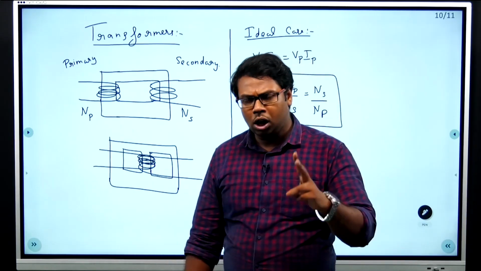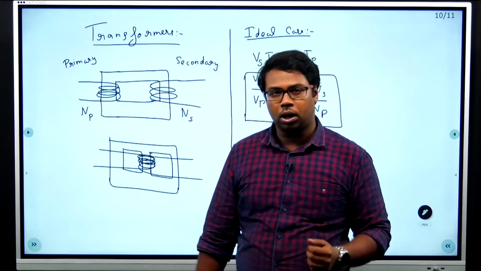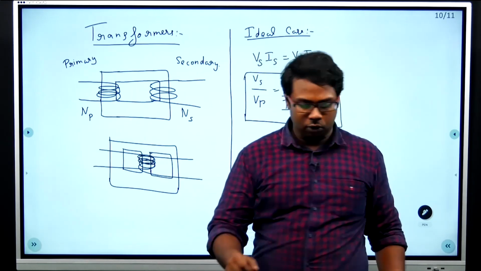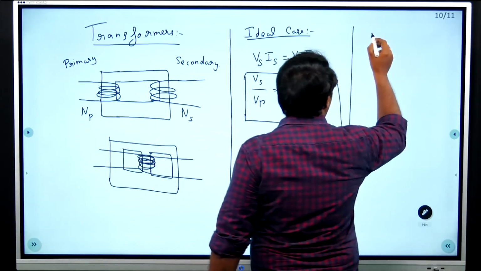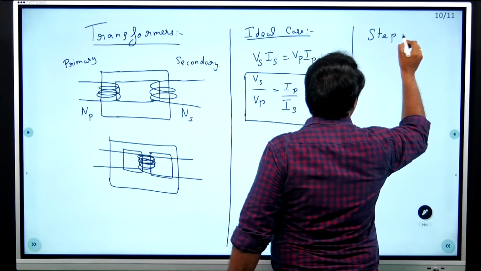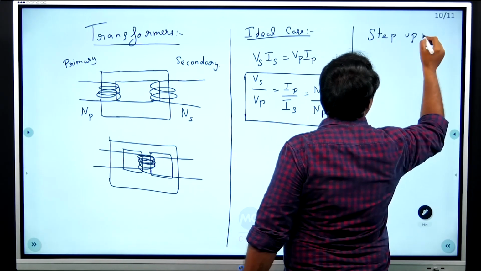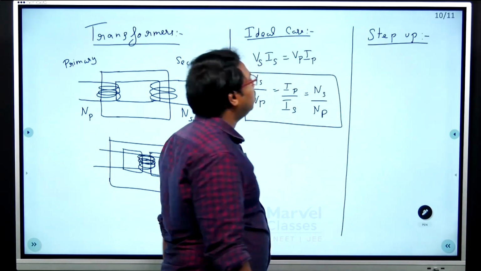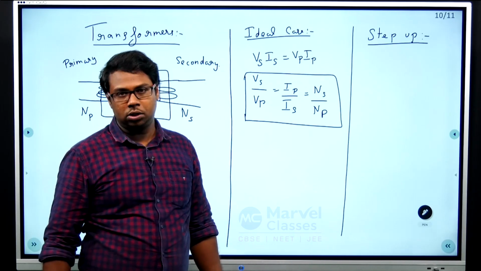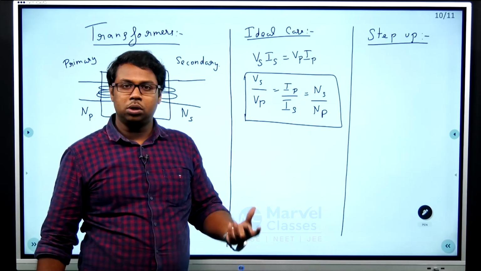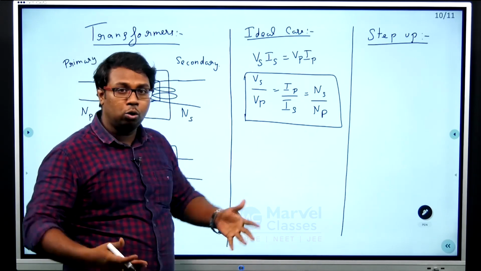Second, how do I do that? Using a transformer. There are two types of transformer. One is the step up transformer and the other one is the step down transformer. What is the purpose of the step up transformer? Step up transformers are used in the power generating stations, where they produce power and send it into the transformer to step up.